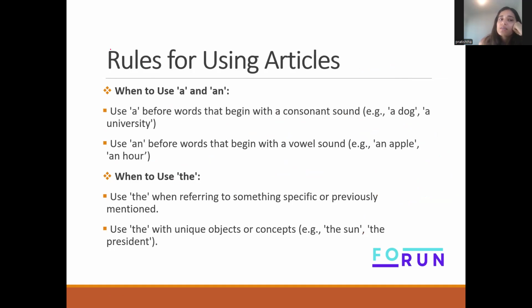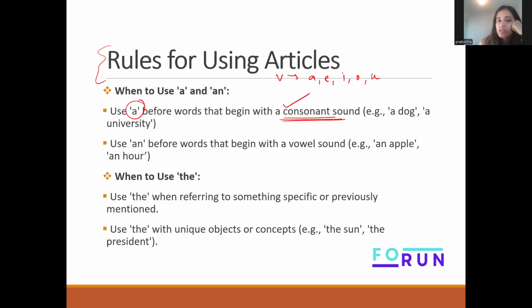Now, there are some rules. Again, although we discussed it in the previous slide, I gave you some examples as well, but we will also try to read and try to understand. So we use A before words that begin with consonants. Now, in the alphabets, we saw that vowels are A, E, I, O, and U. Rest all the alphabets are called consonants.